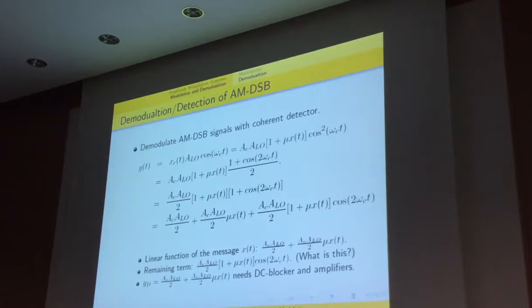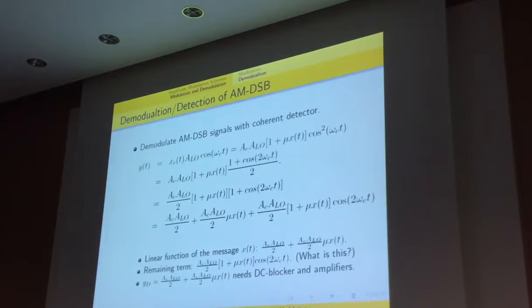But if you use a capacitor, you have some loss on this component as well. That means the amplitude will reduce. There are some DC blockers that can retain the amplitude of this one but reject the DC component. All right. So this is for AM DSP.